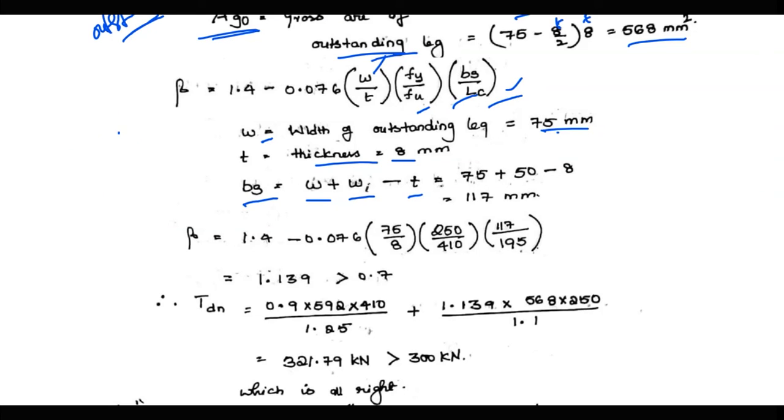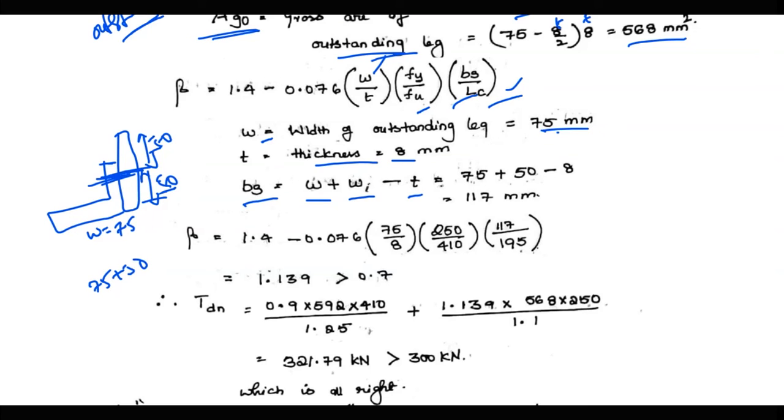So this is the gusset plate and this is the angle section, this is the bolt, and this value is 50 and this value is 50 and this is w which is equal to 75. So 75 plus 50 plus this value minus thickness will give you the bs.